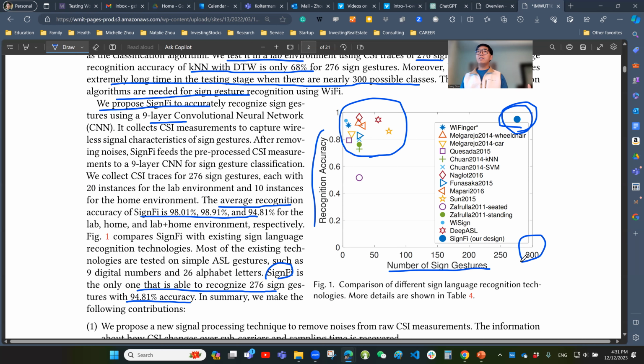So in my opinion, this is a really wonderful way to stand out. You see, there's a big group of related work, but we clearly stand out with 3 paragraphs to describe and a figure to describe. That's the introduction.